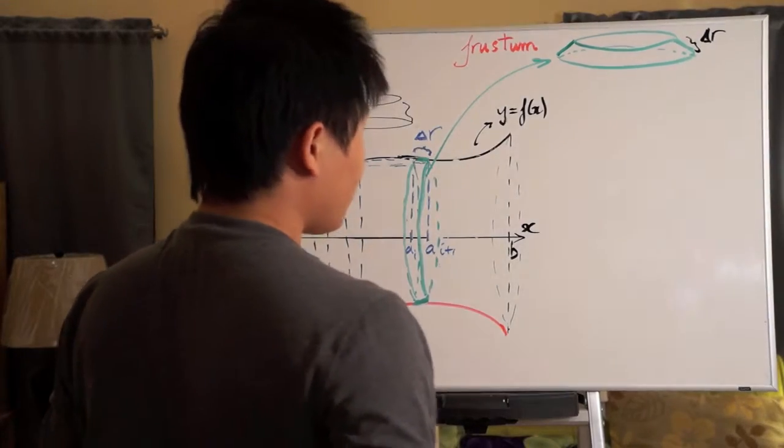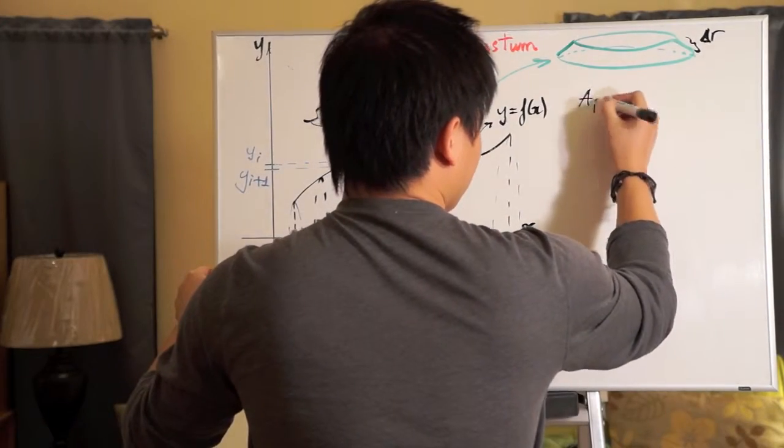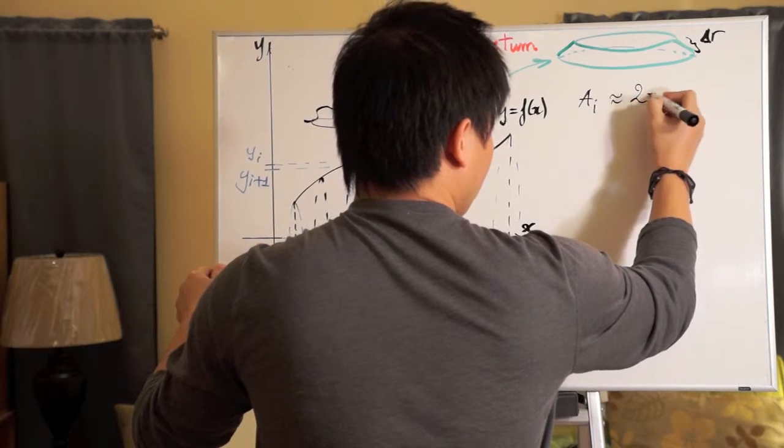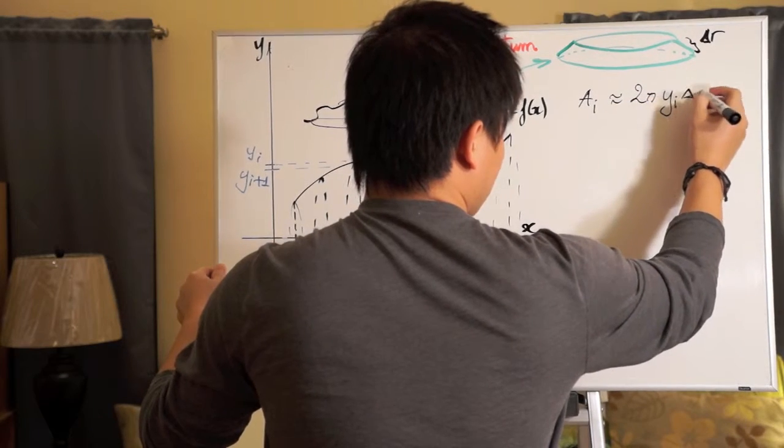So we had before the area of one strip, A sub i, is almost equal to 2 pi y sub i delta r.